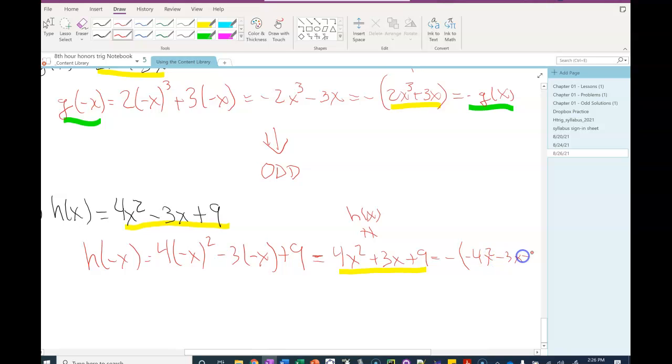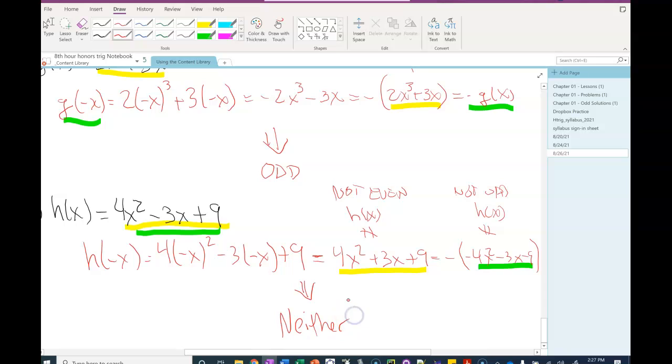and look at that, and compare it to h of x, that's also not h of x. So here we've shown it's not even. Here we've shown it's not odd. So the only option left is neither.